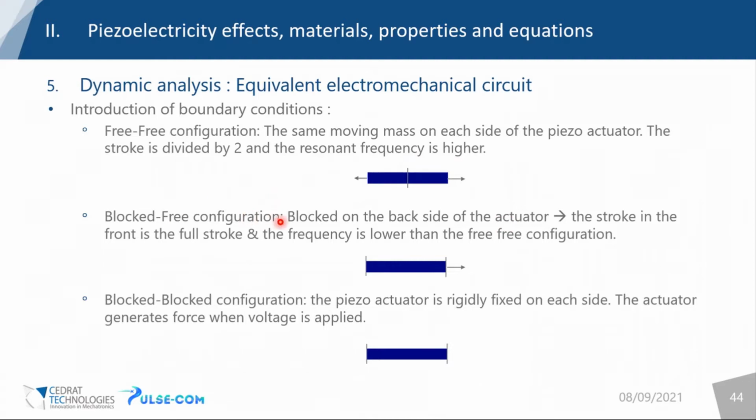In a blocked-free configuration, which is the most used configuration, you block the back side of the actuator, which means that all the displacement would be on the right side of your actuator, but you would have a lower frequency than the free configuration. In the end, in the blocked configuration, both edges are rigidly fixed, so your actuator only generates force when you apply voltage to it.